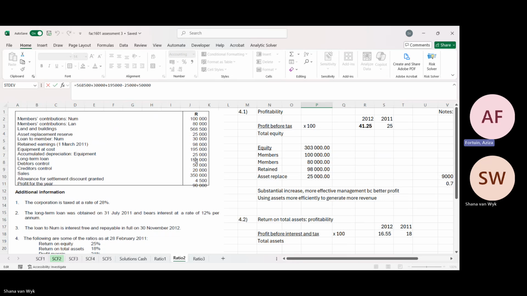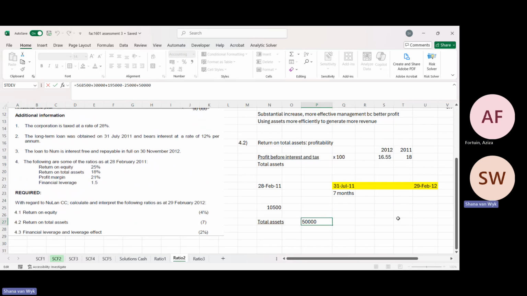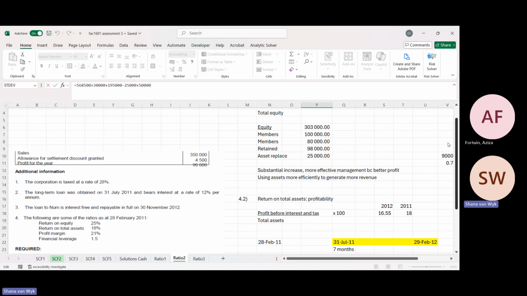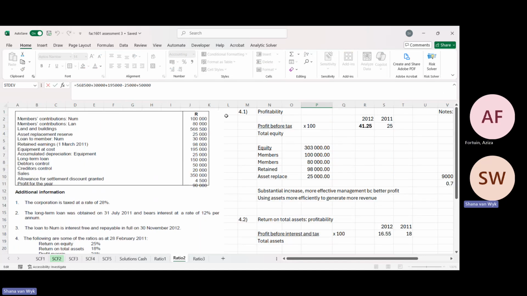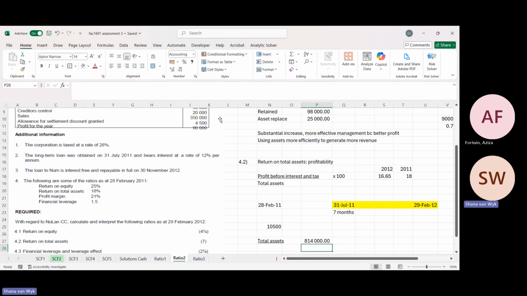Is that the 25,000? Let me scroll down. That's correct. So what did I do? I added land and buildings, that 568,500. I think you forgot the allowance for settlement discount granted. I did. Okay, minus 4,500.